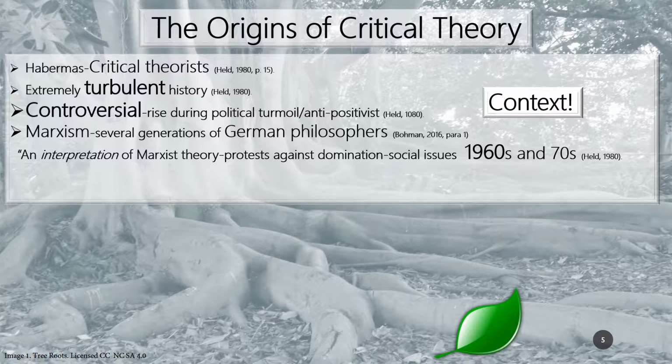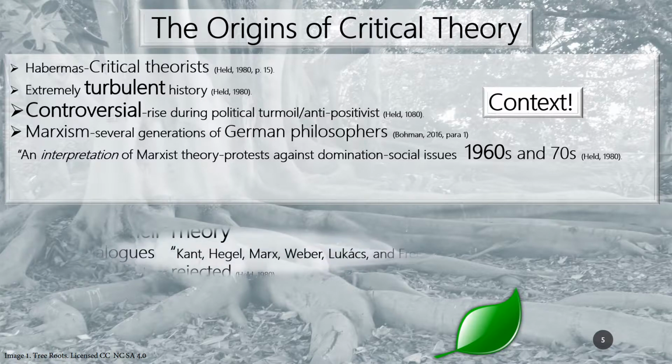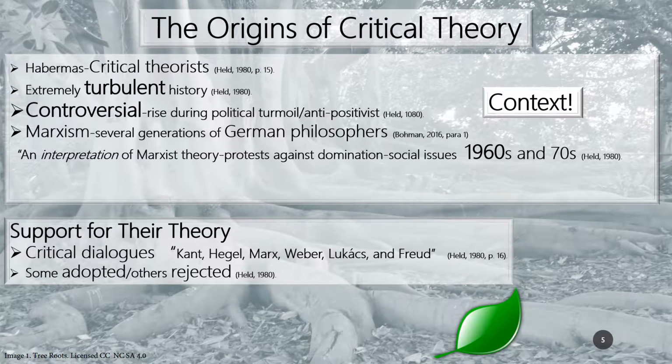Marxism underlies many of them and has been interpreted in several different ways. Critical theorists develop their theories largely through critical dialogues. Many of those were through dialogue with famous theorists such as Kant, Hegel, Marx, and Freud, and several others. And sometimes they adopted the data they got from this, and sometimes not.